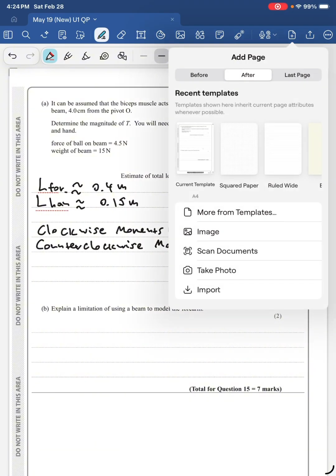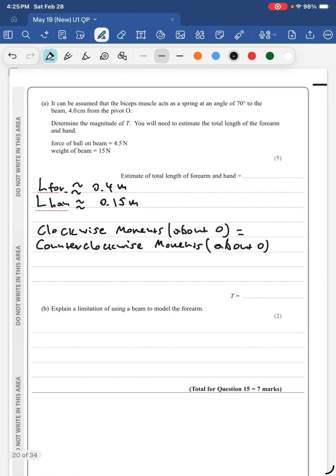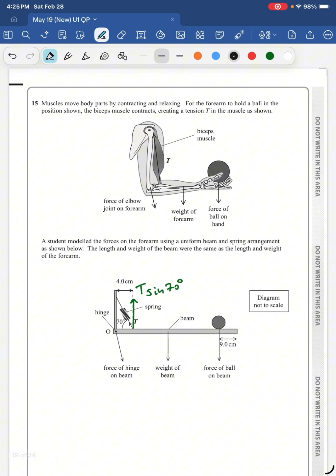I'm going to use a clean page. So pretty much we have that T sine 70 times 0.04. Okay, how do I know all this? Because T sine 70 times 4 centimeters, or 0.04 meters, is the only counterclockwise moment, because the other moments are clockwise, okay?